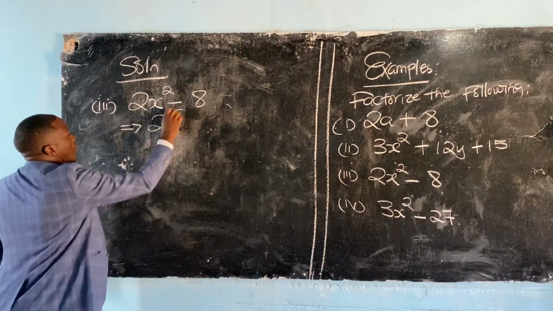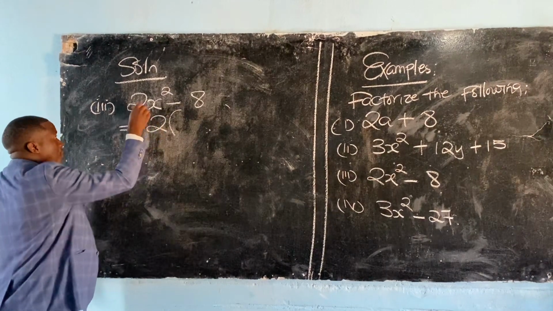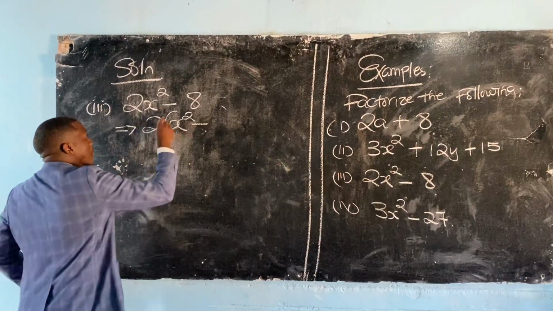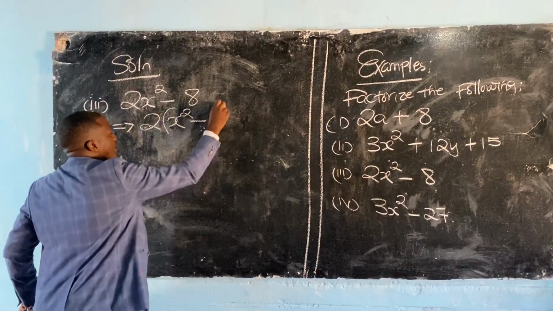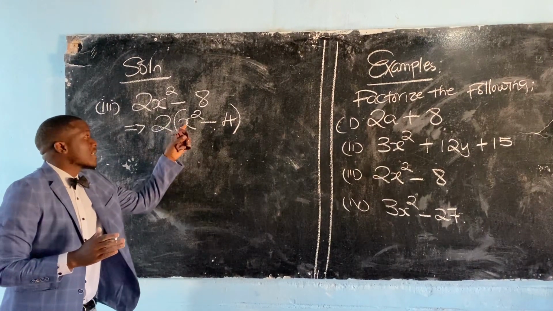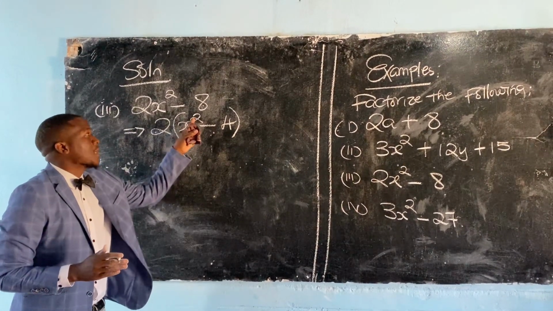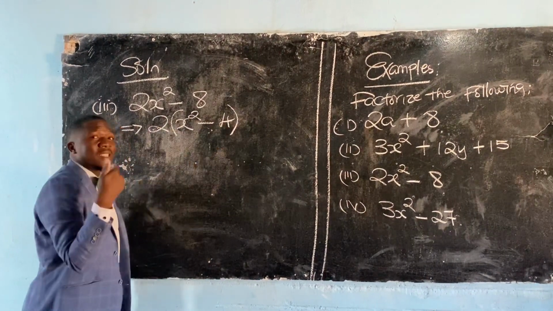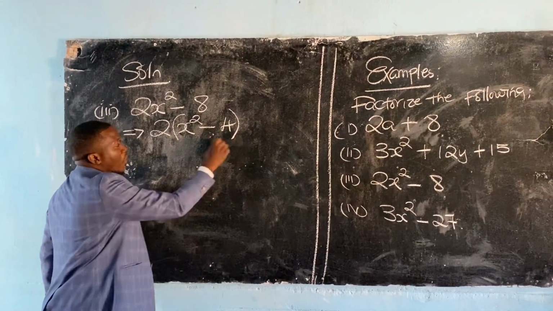So 2 is common, open brackets, 2 into 2 cancels, leaving us with x squared minus 2 into 8, which is going to give us a 4. Having reached this stage, if this variable is raised to the power 2, chances are this is a perfect square. Unless it isn't, then we can say we're done.